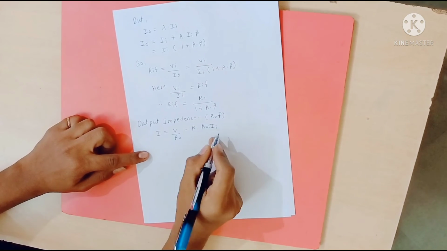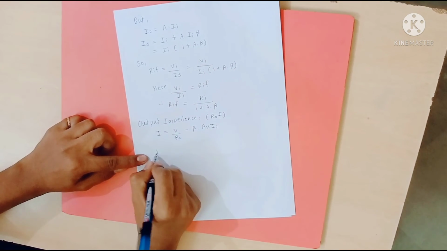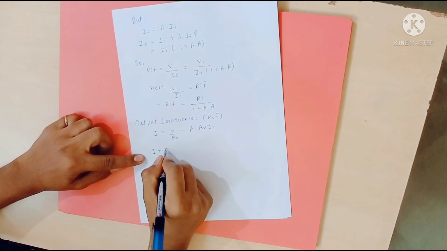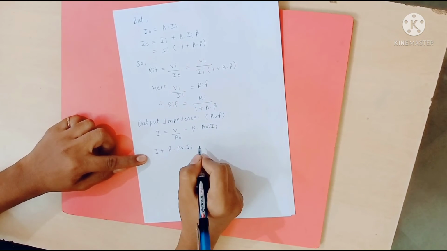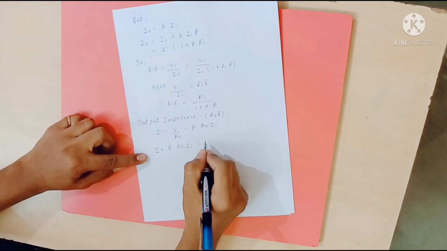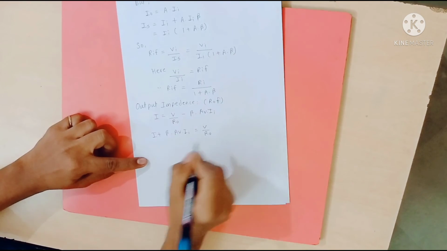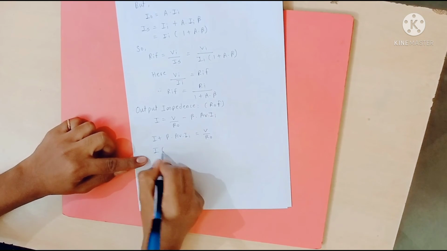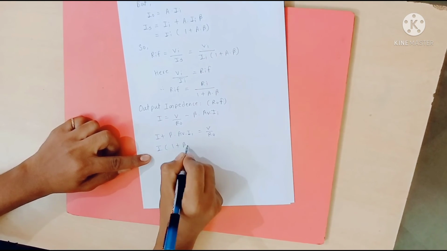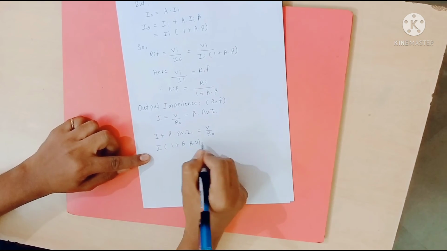So taking this negative term to the left hand side, we get I plus beta into AV dot II is equal to V upon RO. So taking I common through this equation, we get I into bracket 1 plus beta into A is equal to V upon R0.